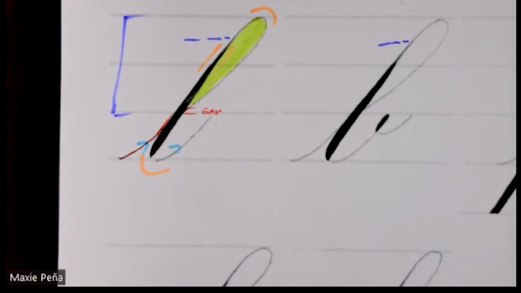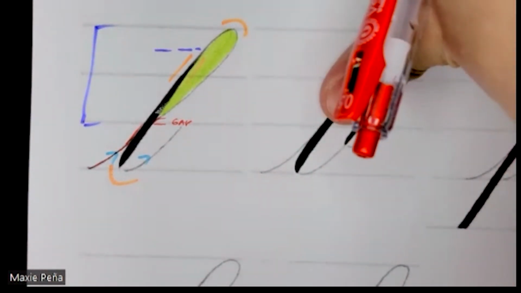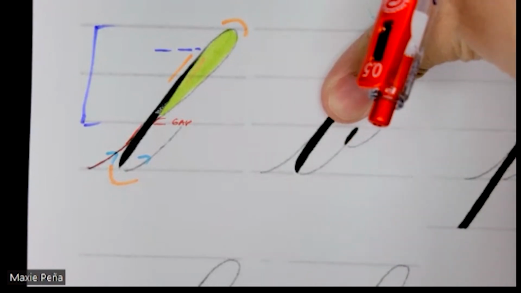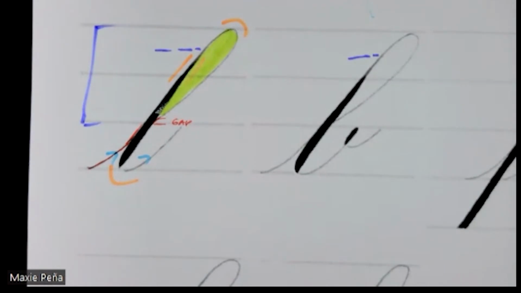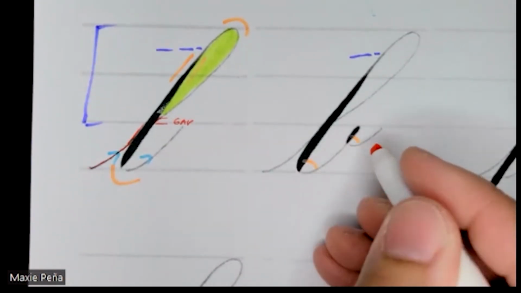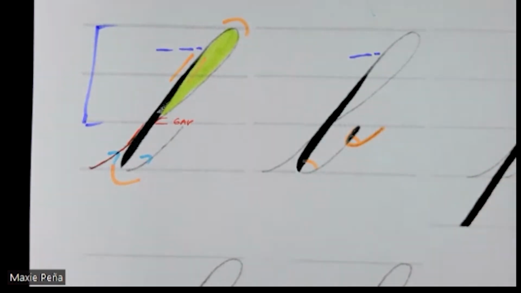Okay, next is your B, which is, if we cover this up, this looks like half of your W. Things to pay attention to are the curves here, and try to keep this as smooth as possible on the outside.